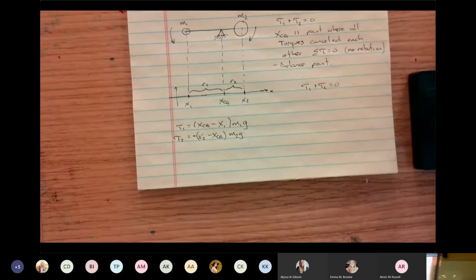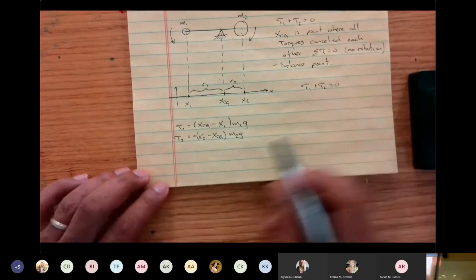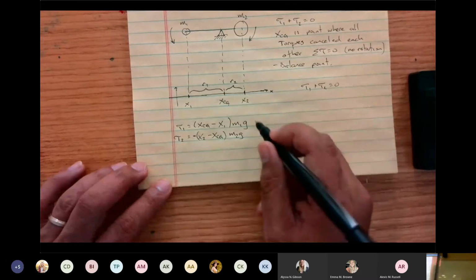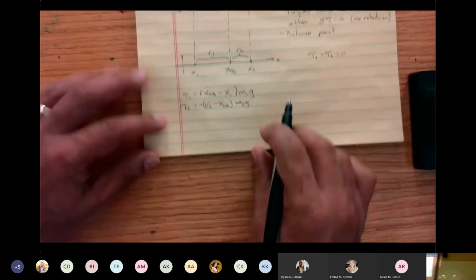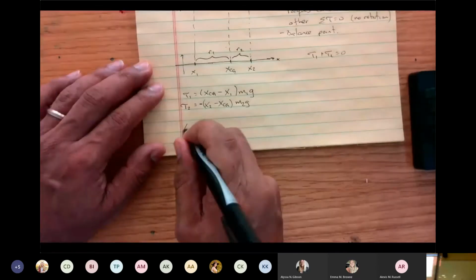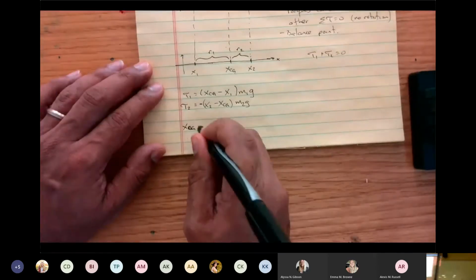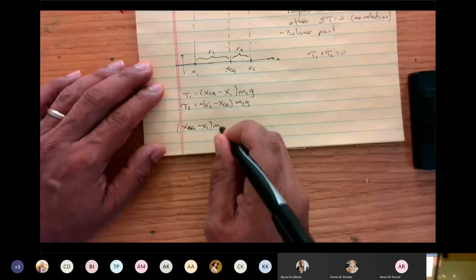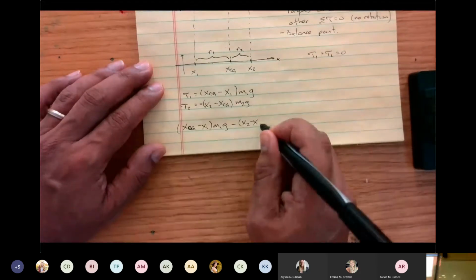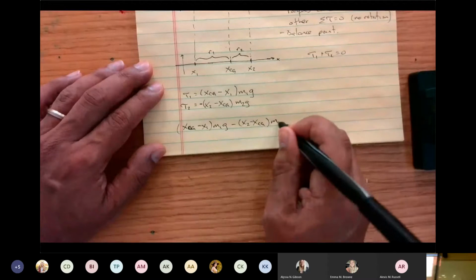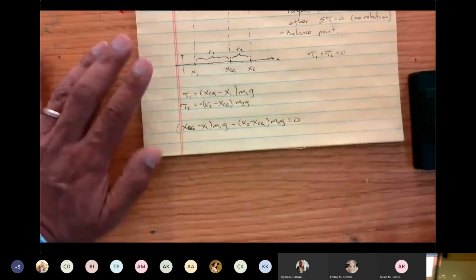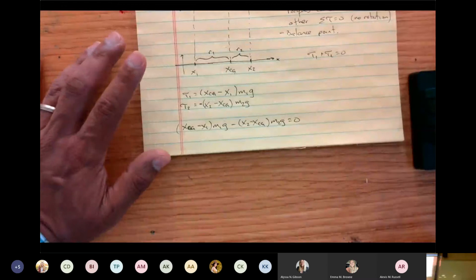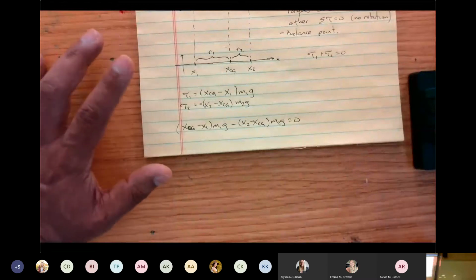Okay, so what I'm going to do now is add both of them together. This is just algebra. If I'm going too fast or if there's a step that doesn't make sense, just let me know.